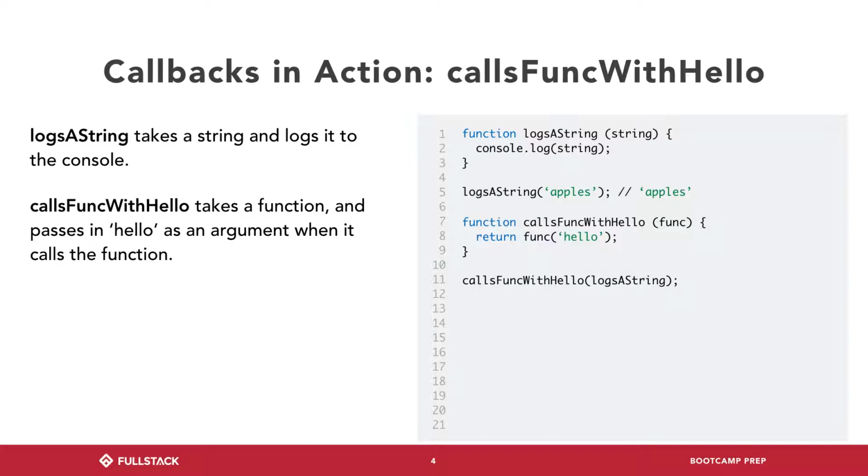Now let's move on to something a little bit more heady here, which is the idea that I now create this function called calls func with hello. Okay, and here's where you just kind of use your best intuitive judgment as both a code reader and a code writer.